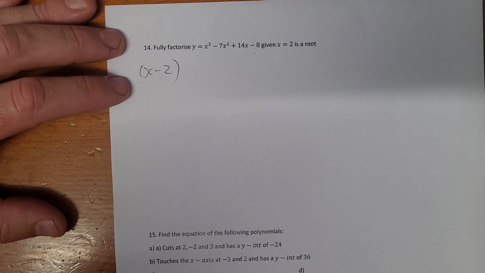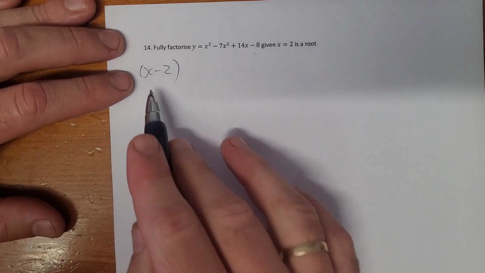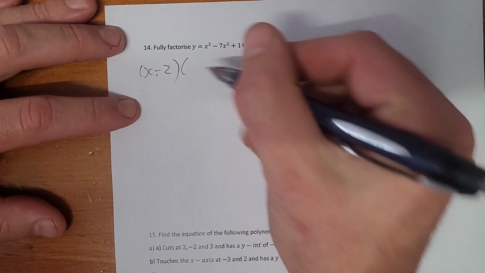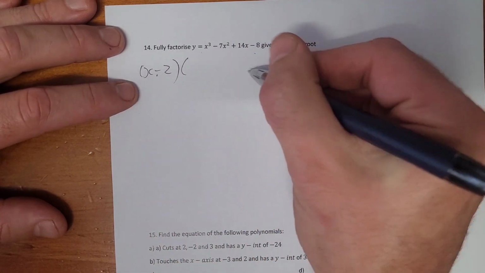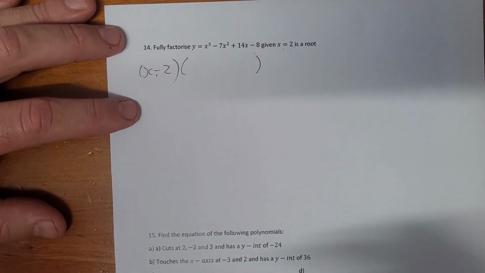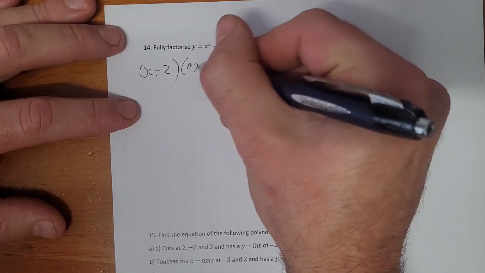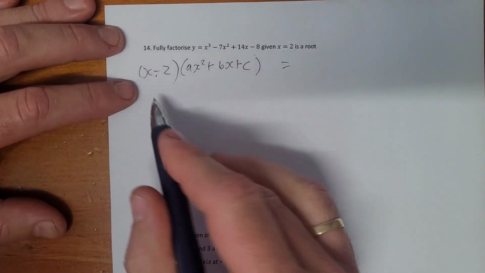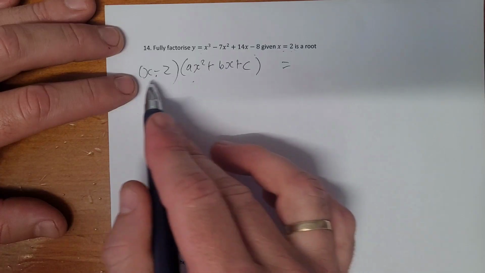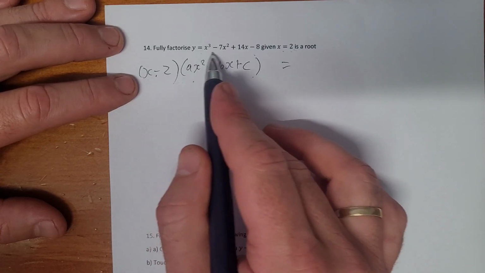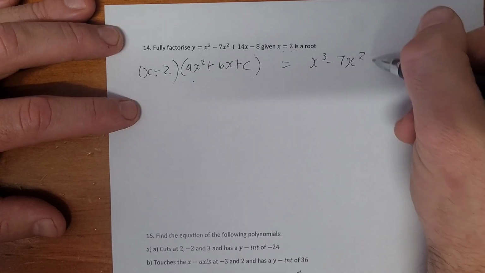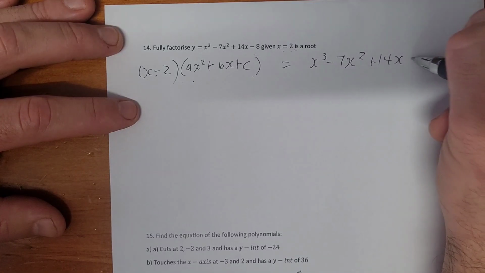Now we know this is a linear factor and that there has to be some quadratic, ax squared plus bx plus c, that when we expand this, it has to equal this same cubic over here.